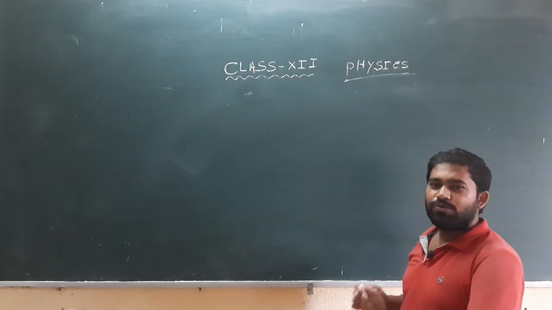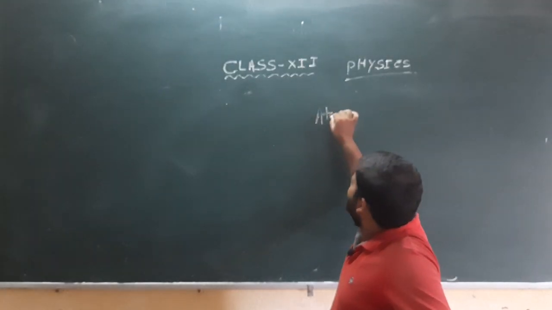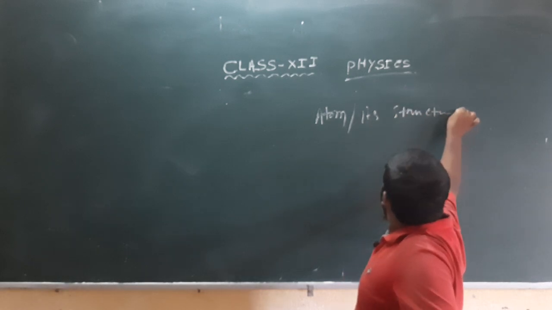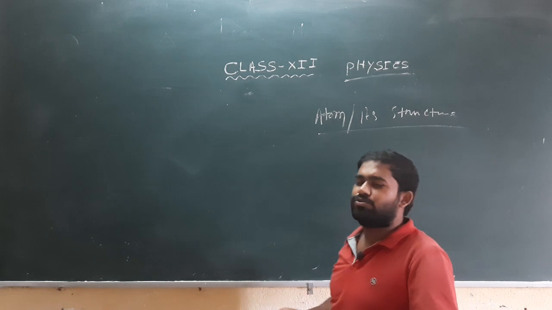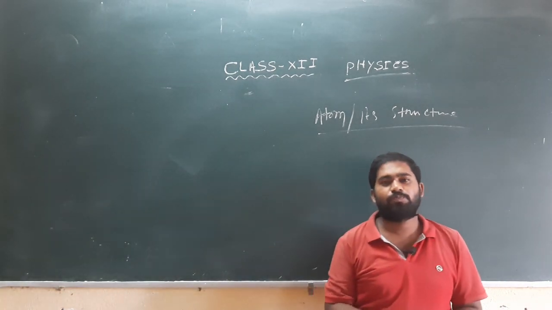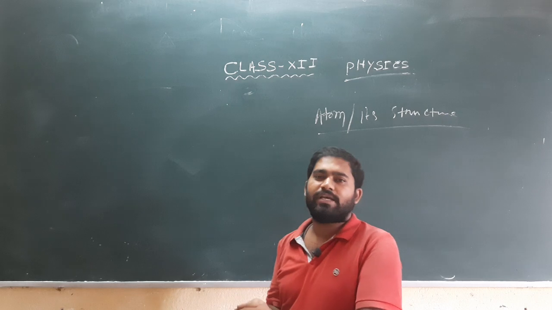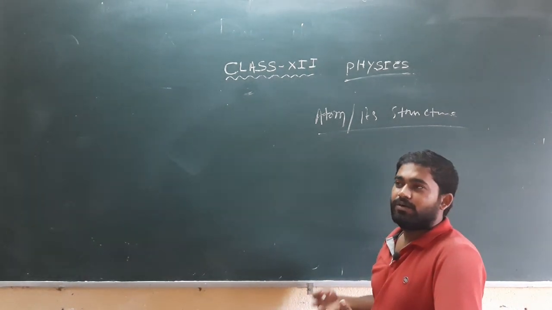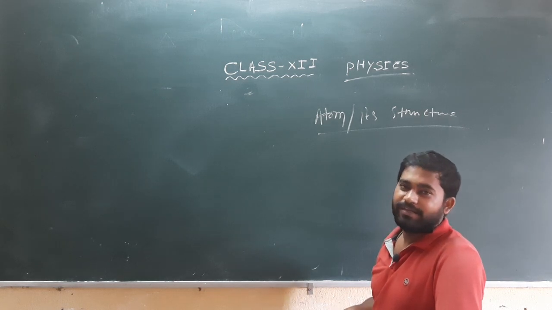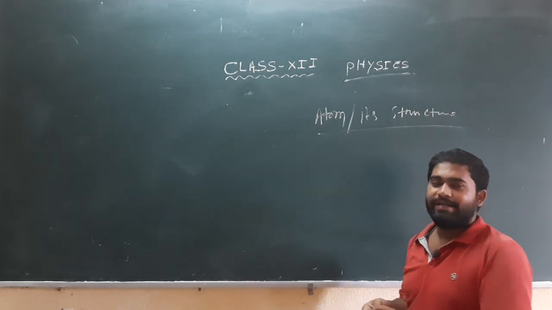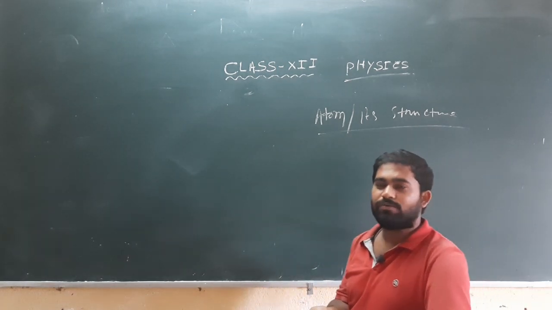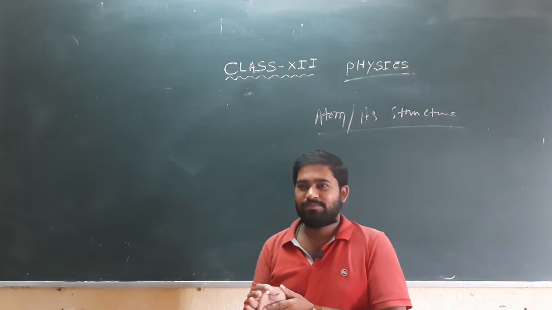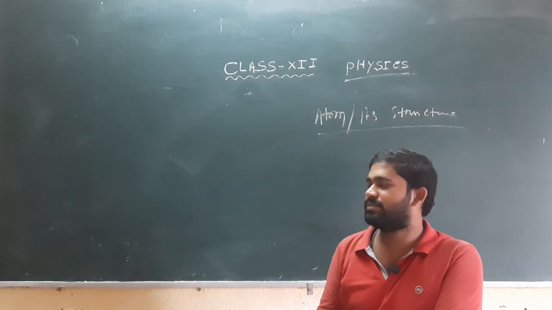Now if we look at an atom and its structure, the atom is the smallest particle which can take part in a chemical reaction. We already discussed the atom, atomic size and the nucleus in your atomic chapter.